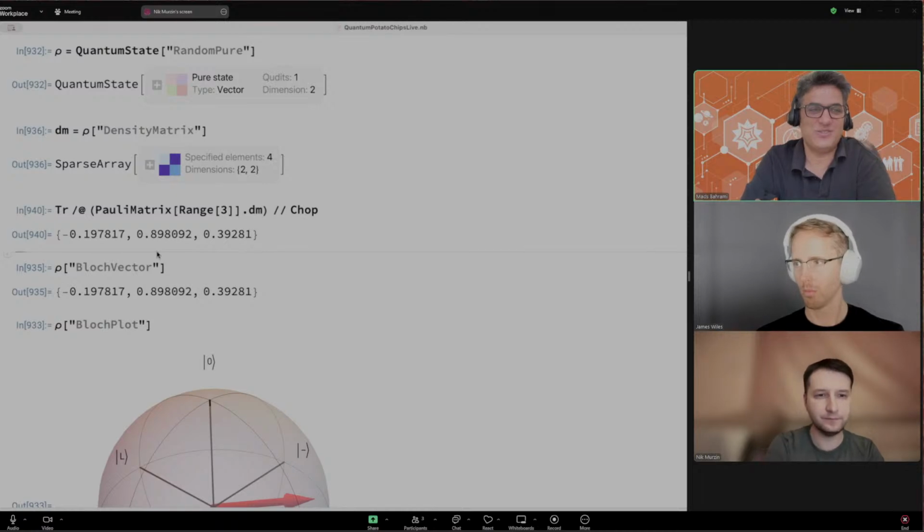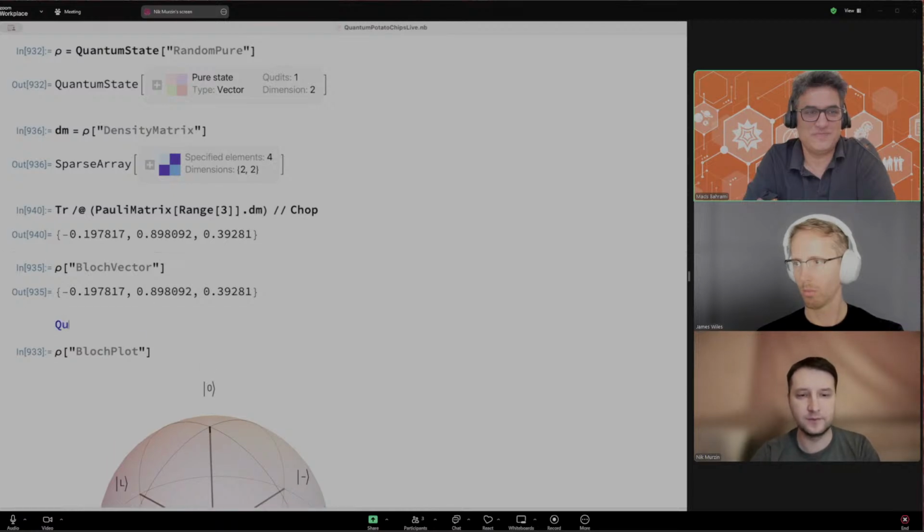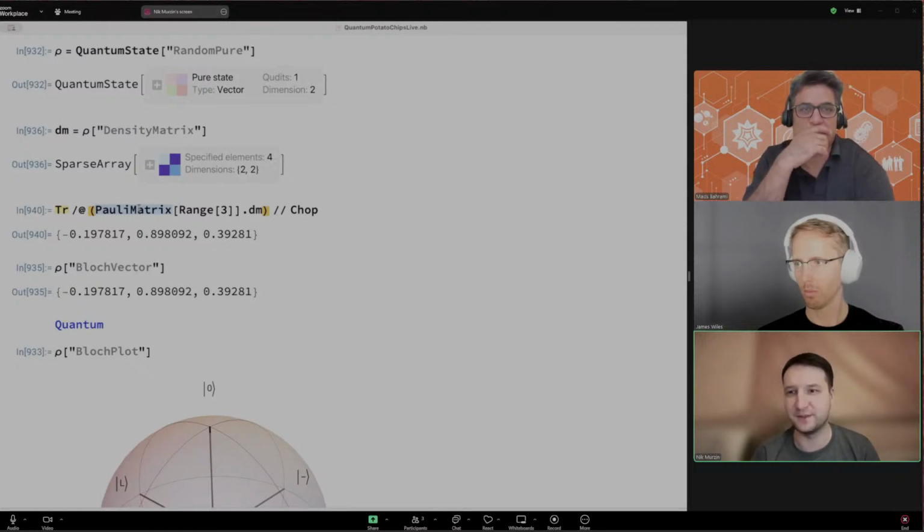That's a good transition going from this picture to what we usually refer to as the phase space. This is a straightforward way of computing the actual coordinates of the Bloch vector. Those are just projections onto Pauli matrices. The Pauli matrices form some kind of basis, and you compute the inner product with your density matrix, which is an element of some space.